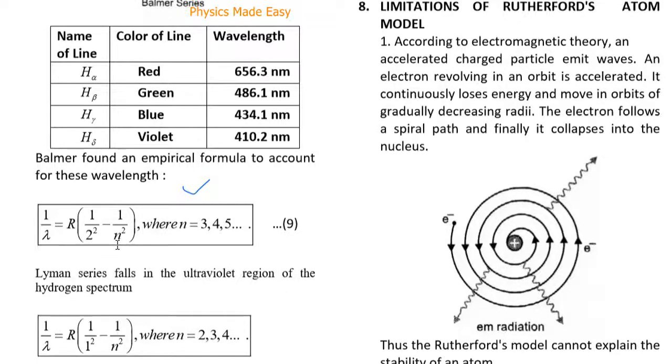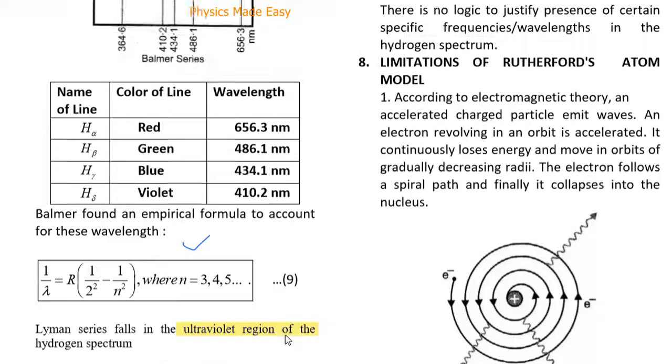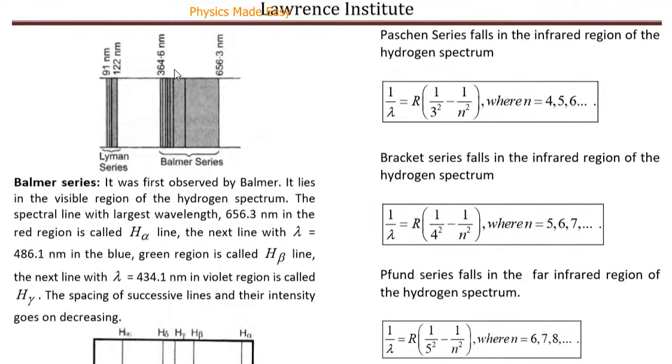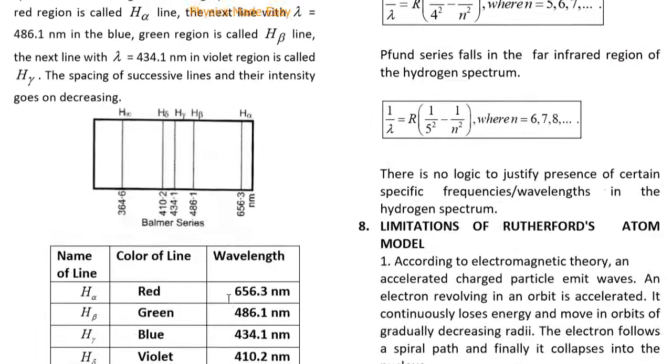Balmer series is formed when electrons from higher shells fall into the second shell. Lyman series is in the ultraviolet region. Balmer is in the visible region.